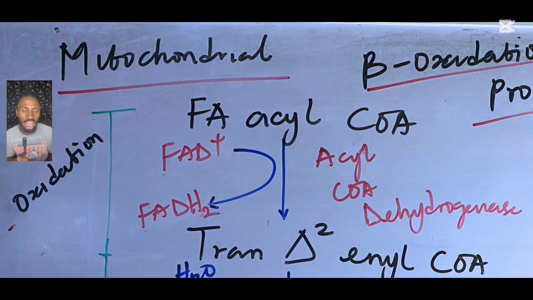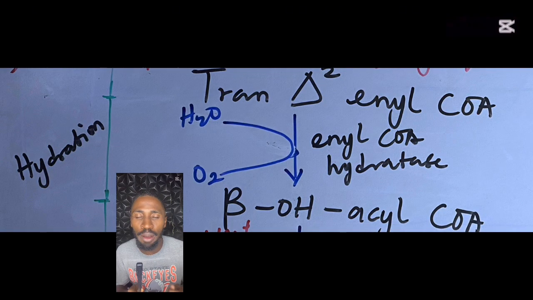Now the next reaction: the trans-delta 2 acyl CoA, with the double bond between carbon 2 and carbon 3, accepts water and is hydrated to form L-beta-hydroxyacyl CoA, using enoyl CoA hydratase. Don't forget it.